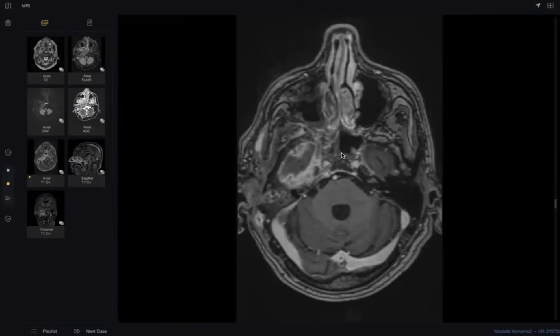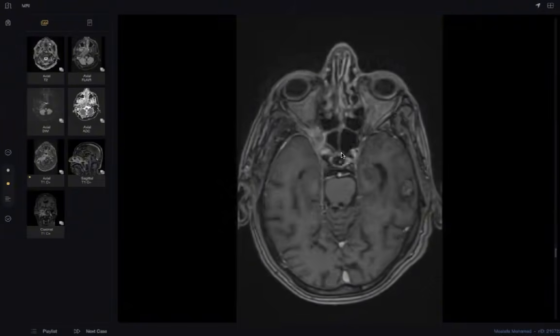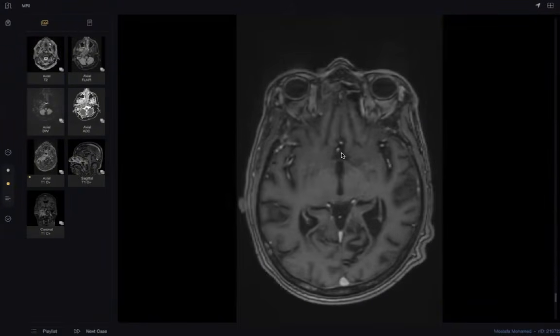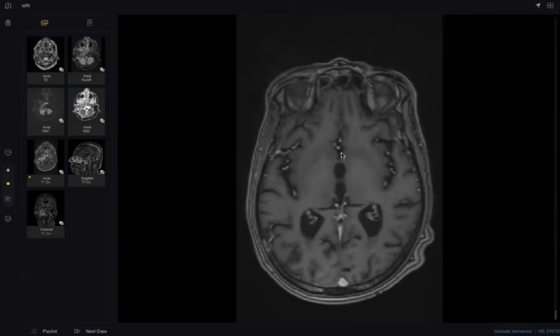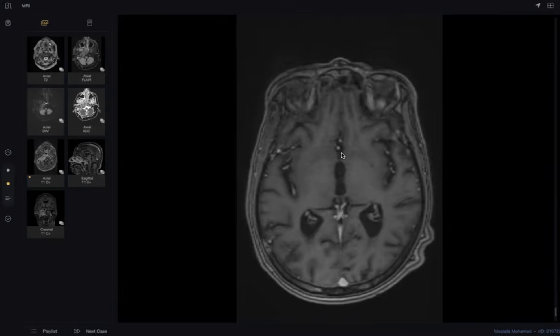I would like to check the brain for any intracranial complications. There is infratemporal meningeal enhancement that could be related to meningitis. Yet I cannot see any intracranial space-occupying ring-enhancing lesion to denote any abscess formation.